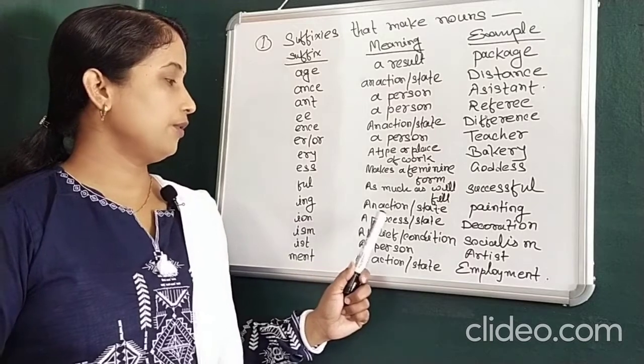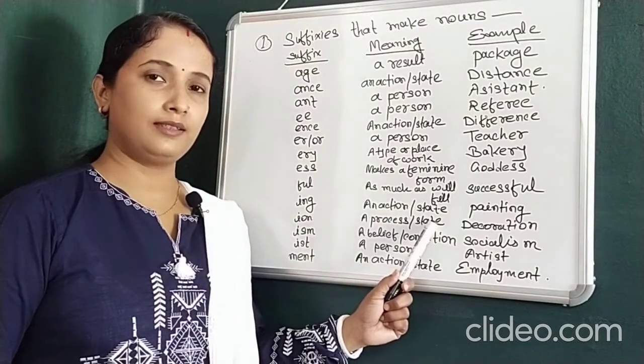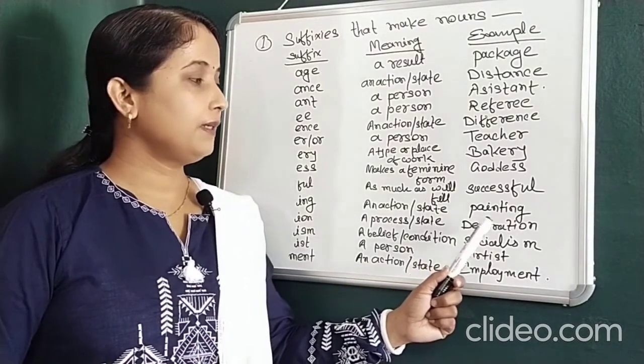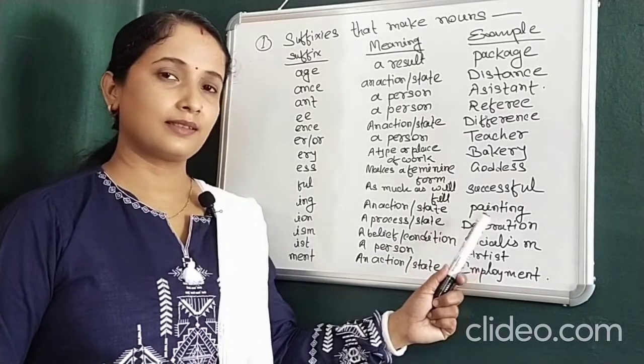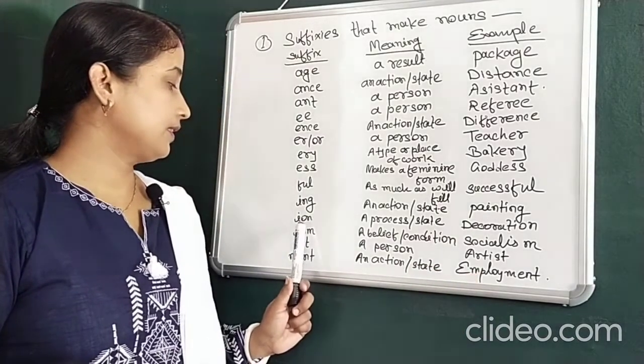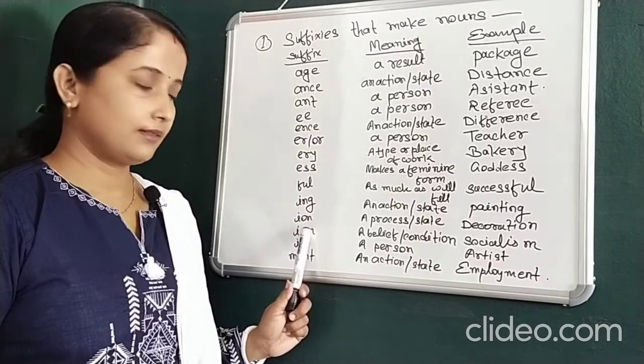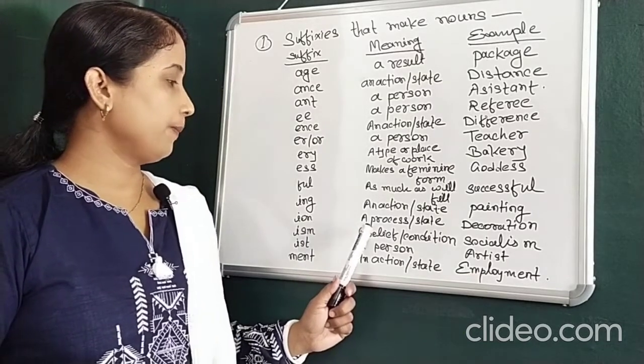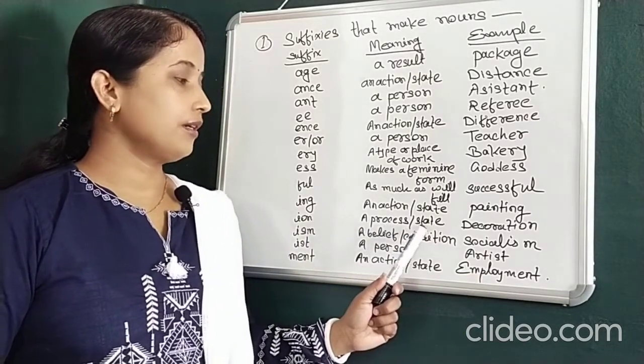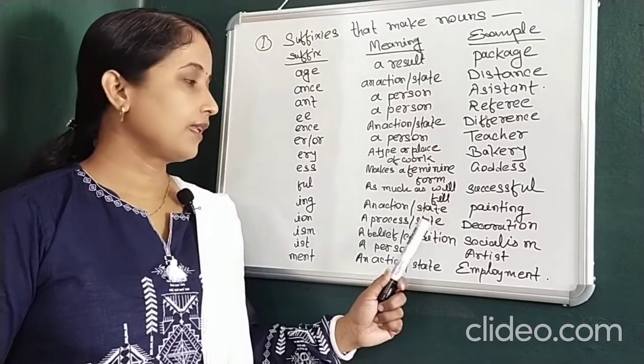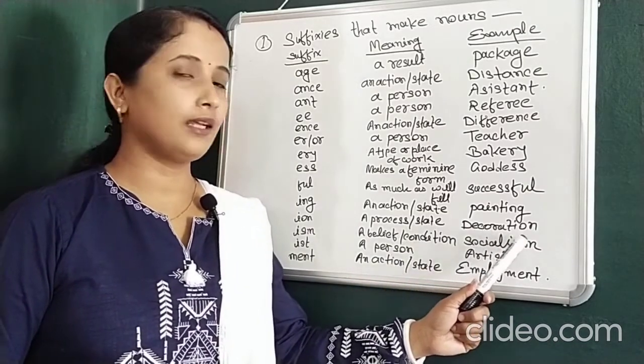Next suffix is ing. It refers to an action or state. An example is painting. Next suffix is ion. It refers to a process or state. An example is decoration.